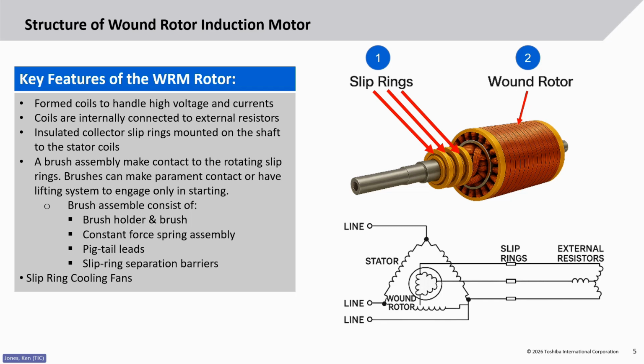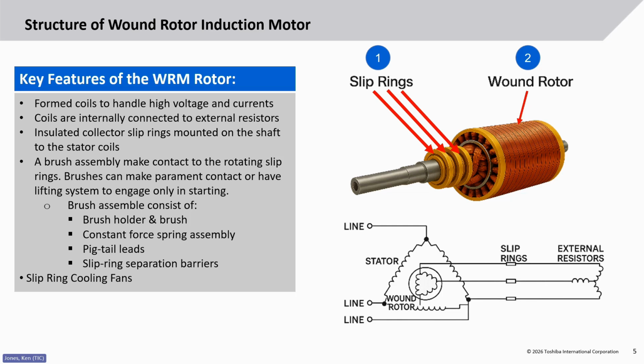The brush assemblies and brush holder assemblies can be either constant, or they can have lifting ports on the rotor, allowing the coil connections to be lifted when you're at 100% of operating speed.